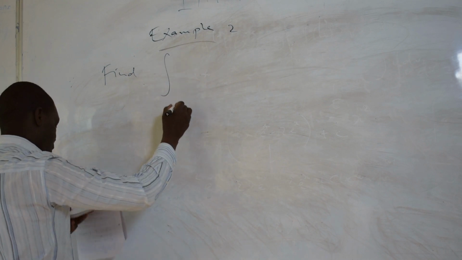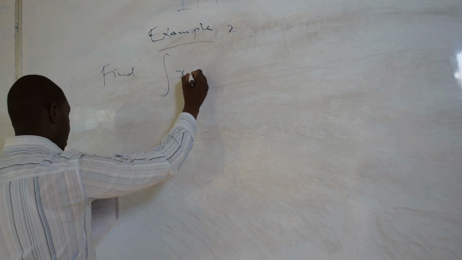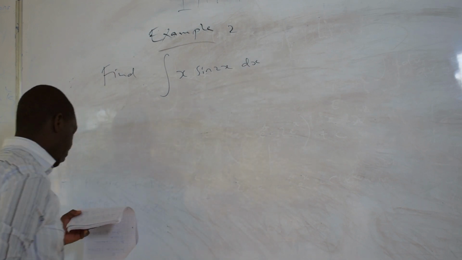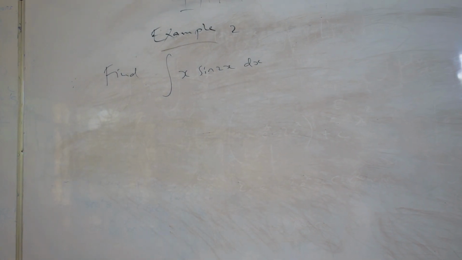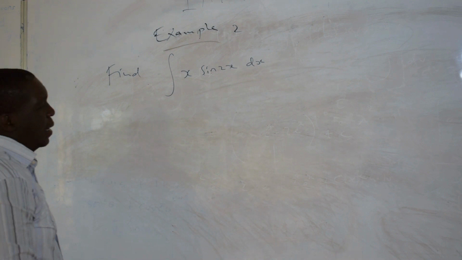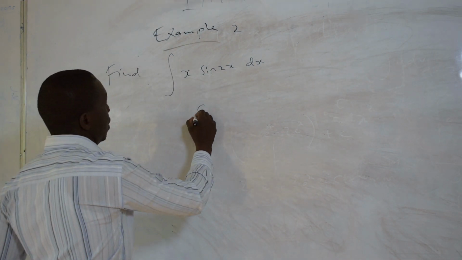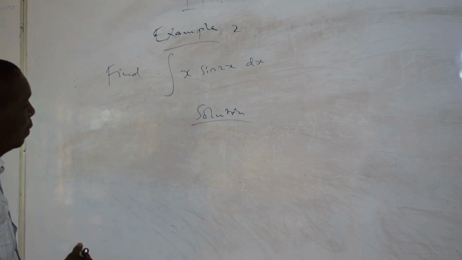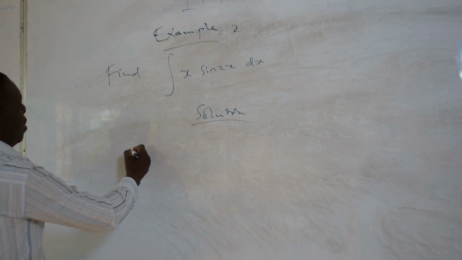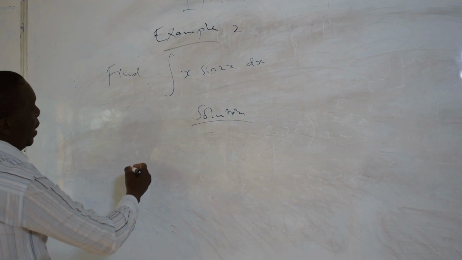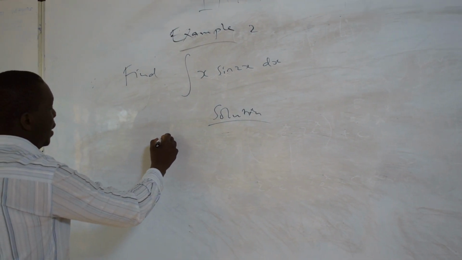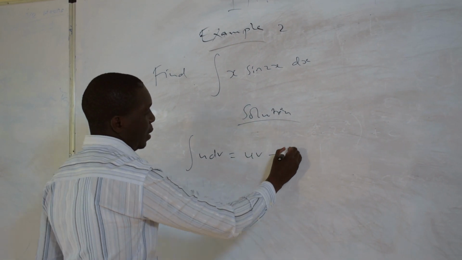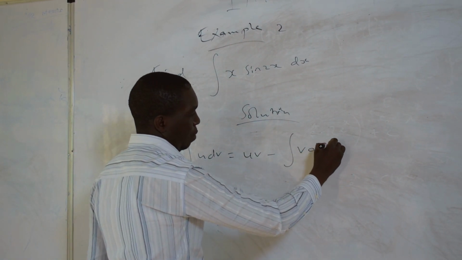Find the integral of x sine 2x dx. Again, the solution to the problem: the formula of integration by parts is given by the integral of u dv is equal to uv minus the integral of v du.